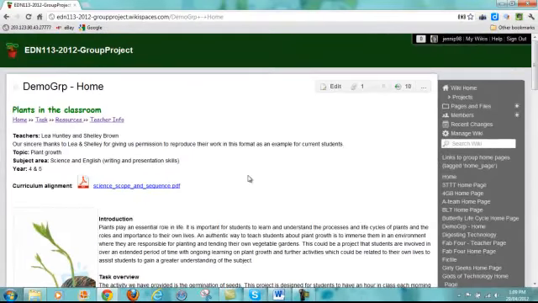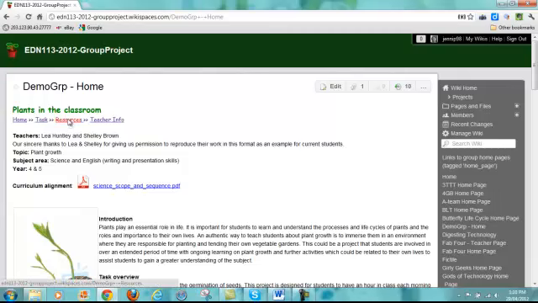In creating this resource, Shelley and Lee split up the tasks between themselves. They both worked on the home page to come to an agreement about what the topic was and what activity they would do, and researched the curriculum documents to identify what year level this particular topic would be suitable for.